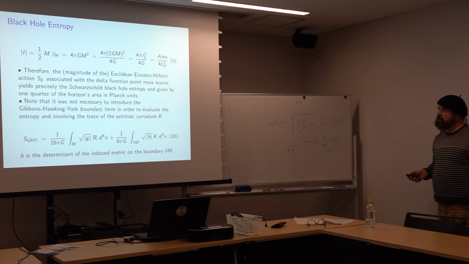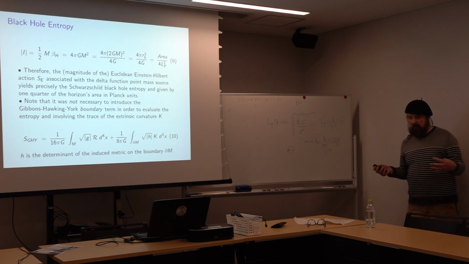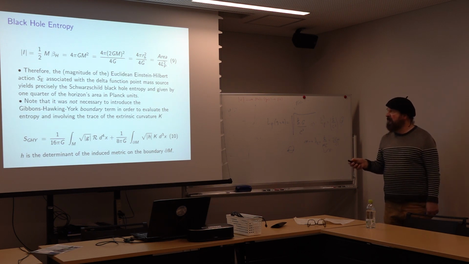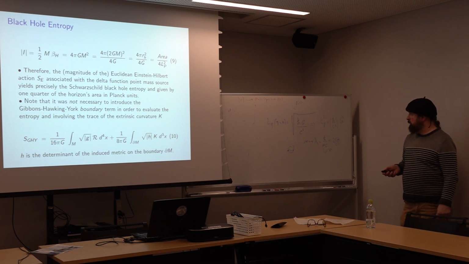So the black hole entropy really is given in terms of the ratio between the area of the event horizon, the area of that sphere, in Planck units. So you want to compare the area of that horizon, you divide by the square of the Planck length. So this is how big the area is in terms of the Planck units. And that is a measure of the entropy, once you include the factor of 1/4.